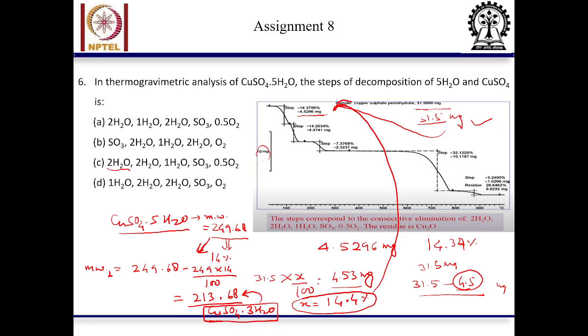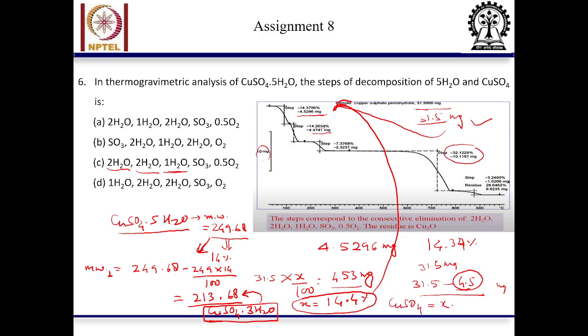Now again it is more or less the same mass loss, 4.47, which is 14%. So this 14% is again 2 water molecules it is losing. Then again it is 7.34%, 7%, which is half of this. So this is 1 water molecule, and then we are losing 32%. So now what is the molecular weight for the copper sulfate? We have to find out.